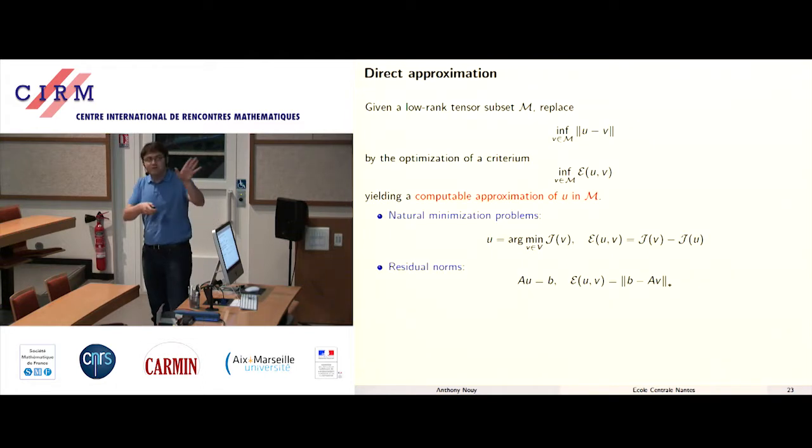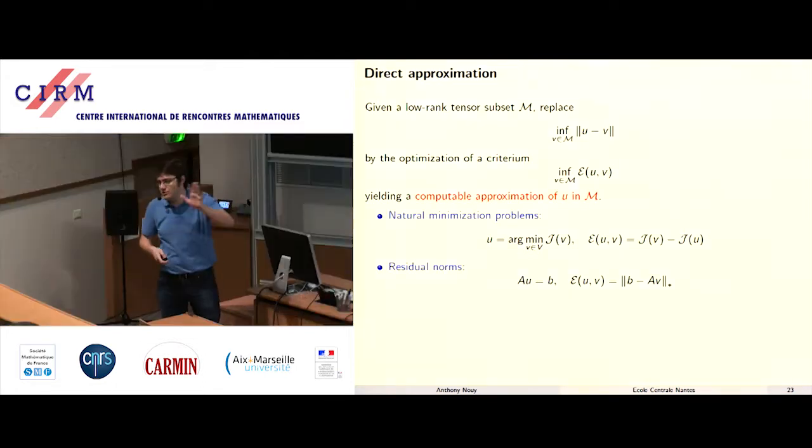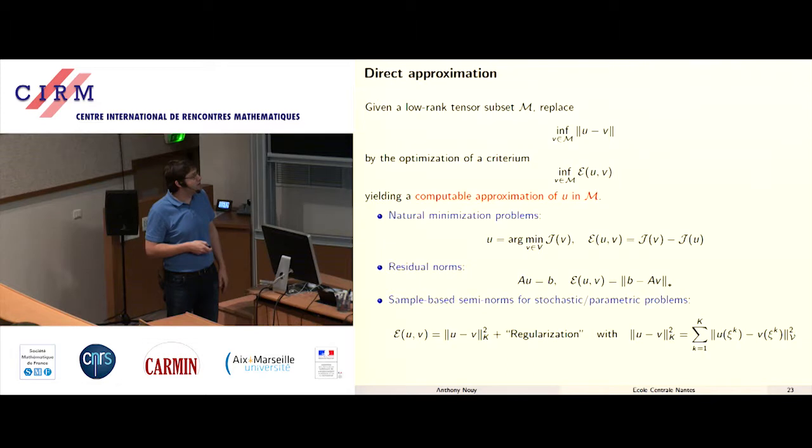Here you have the issue of how to measure the residual. It's closely related to the notion of preconditioning, in order to have a measure of the residual which is close to what you want to optimize.